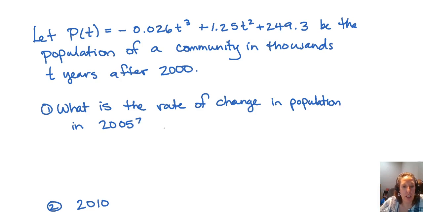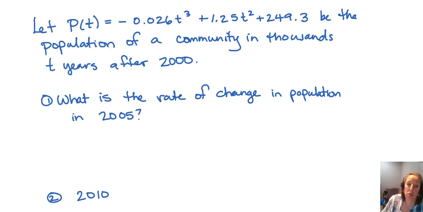So the first thing we need to do is find the rate of change of the population in 2005. In order to do that, we need to find the derivative of our population function.